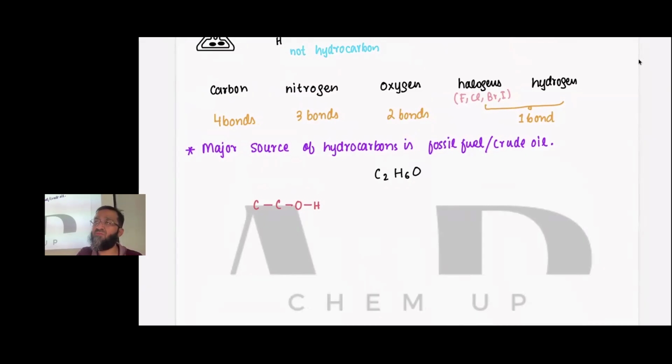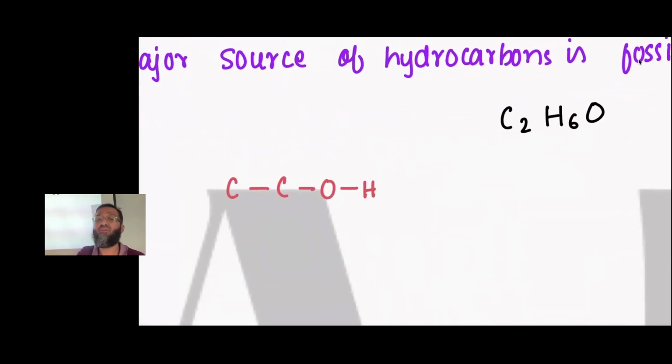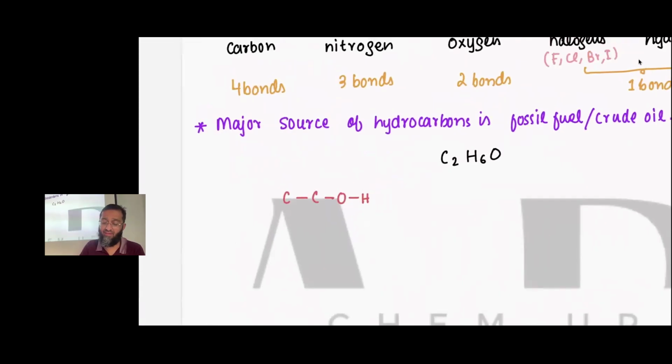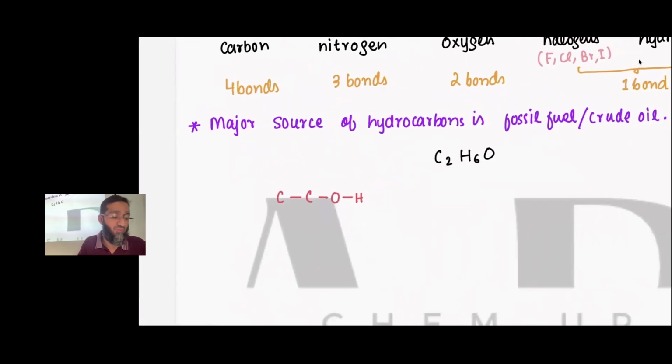Oxygen can make 2 bonds, and we made the 2 bonds. The carbon between oxygen and carbon has 2 bonds, and a carbon atom makes 4 bonds in total.